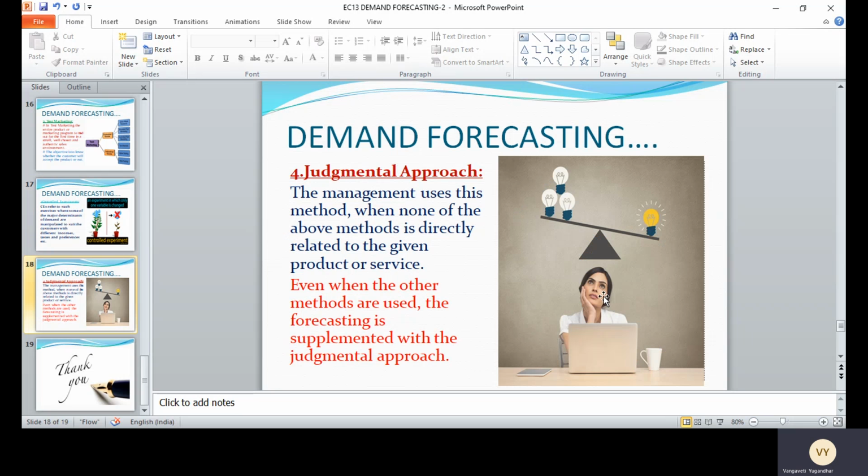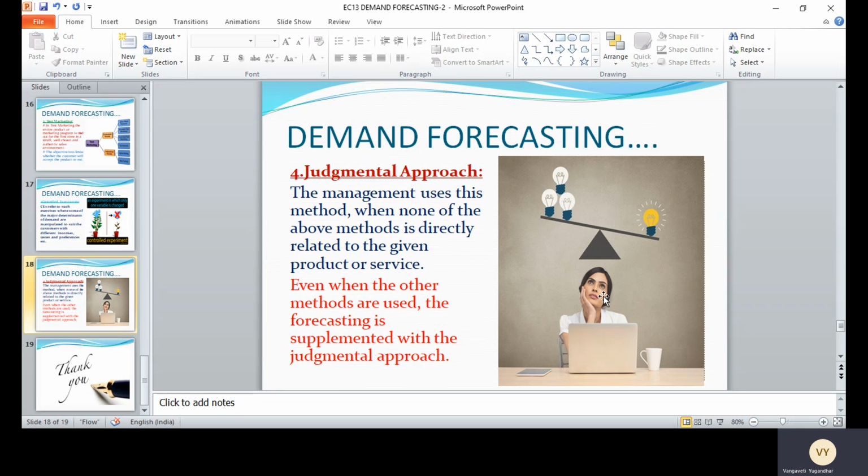And the last method under other methods is the judgmental approach. When is this method used? There are two occasions. First, the management uses this method when none of the above methods is directly related to the given product or service. Suppose they are launching a product for the first time, with no previous data.